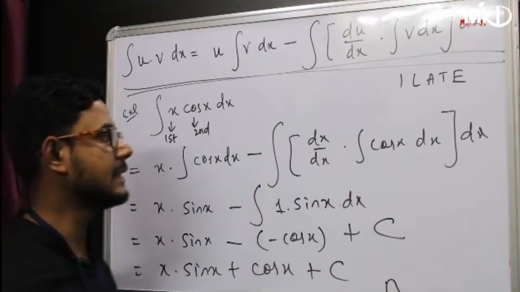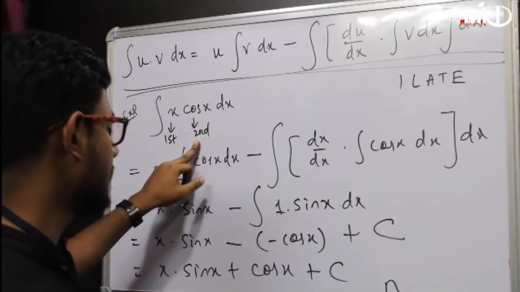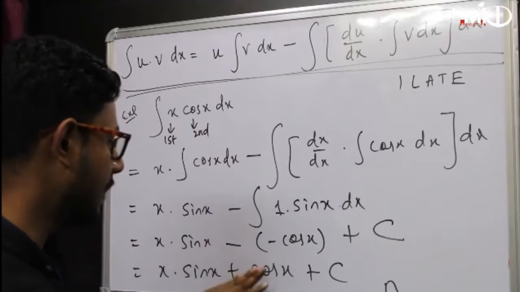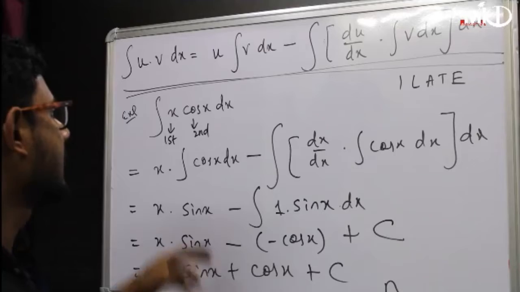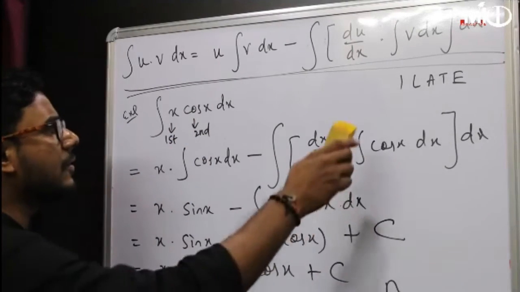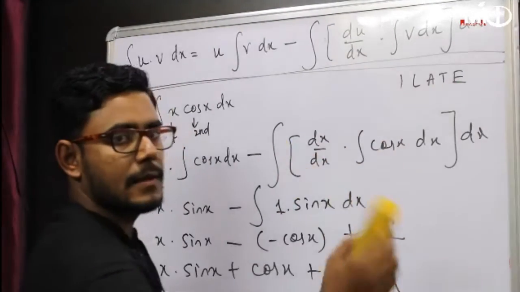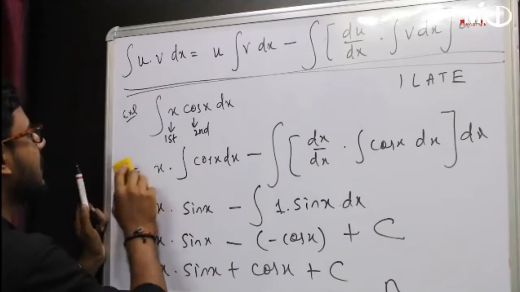So here we see that if we choose x as the first function and cos x as the second function, then we can find the solution easily. It is very easy. So what will happen if we take cos x as the first function? Let's see. If you don't follow this rule, then the solution becomes very complicated. Let's see in this problem.